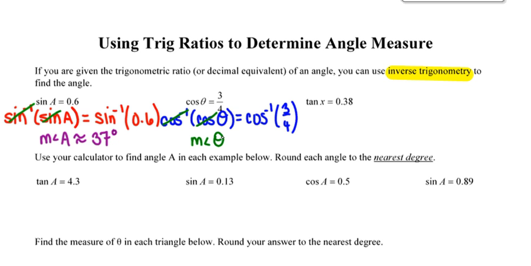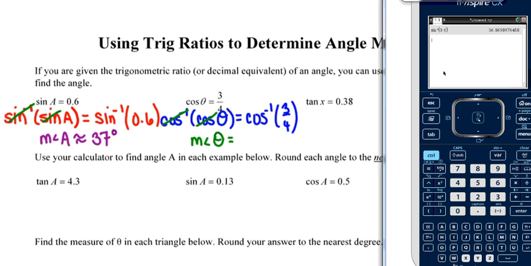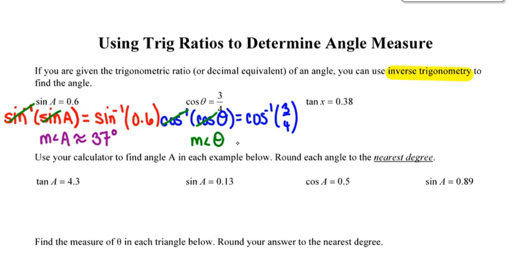So on the left side of my equation, I'm left with a measure of angle theta. On the right side of my equation, I need to now go figure out what the inverse cosine of 3/4 is equal to. So about 41 degrees. And again, I want to change this and make this an approximately.